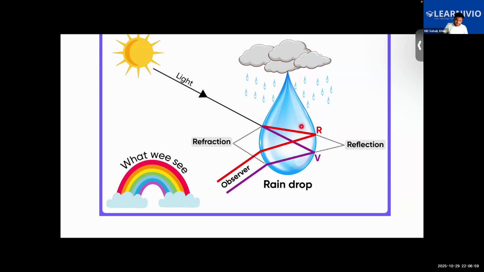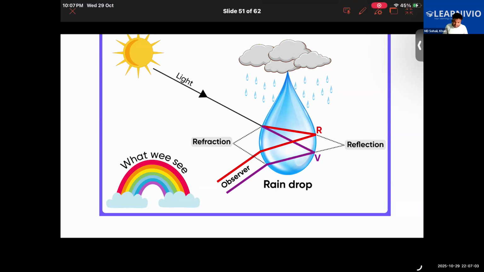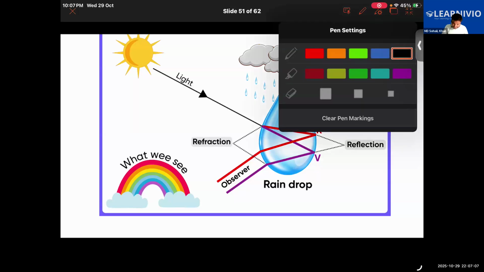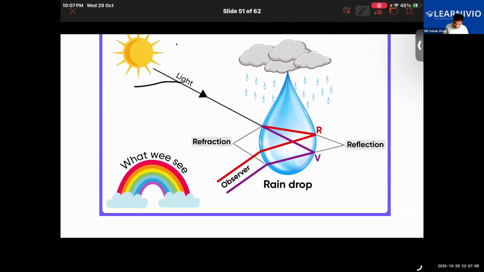Here only red and violet has been shown, but you guys know that between red and violet there are five other colors also. Understanding it, everyone? Here the entire thing has not been shown, but after violet you have indigo, blue, green, yellow, orange, and red. So the white light is split into seven different colors.